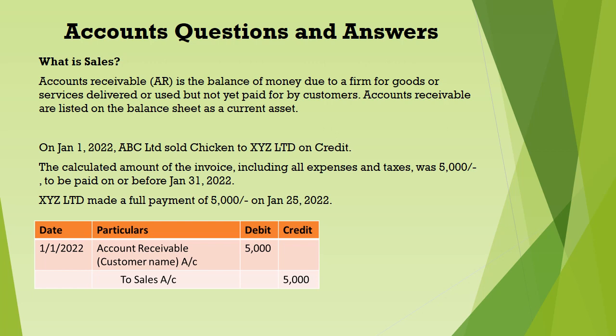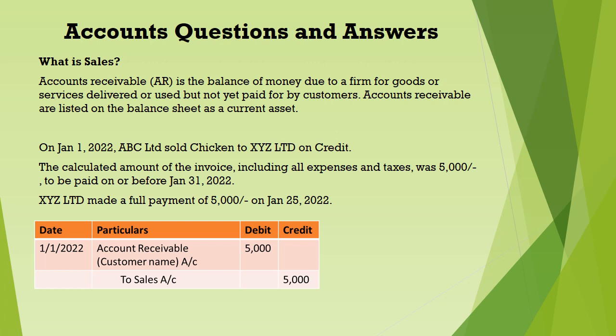The payment date is before the 31st, so they paid already. So what is the receivable entry?